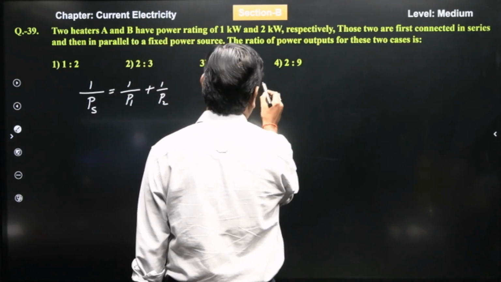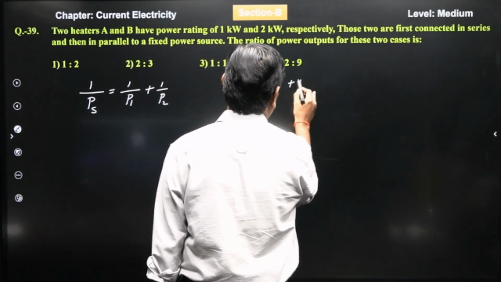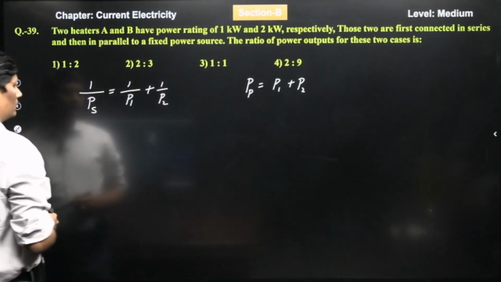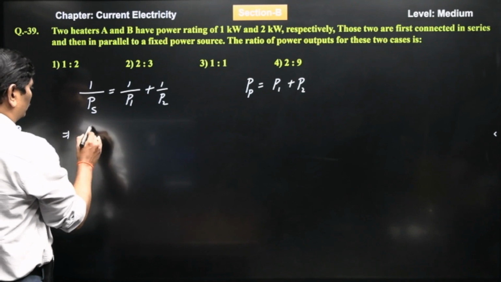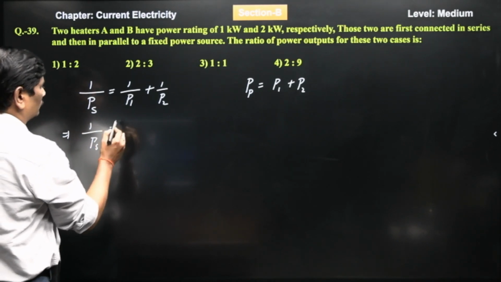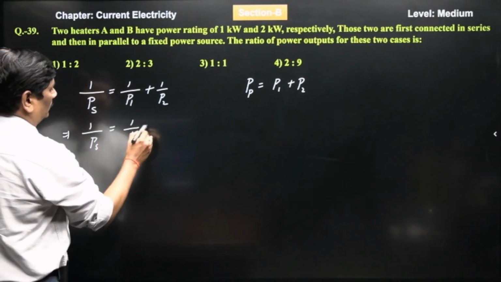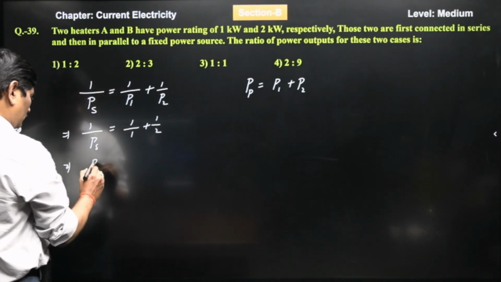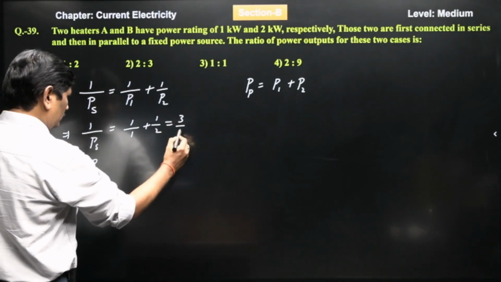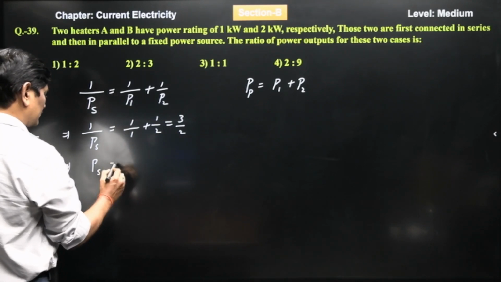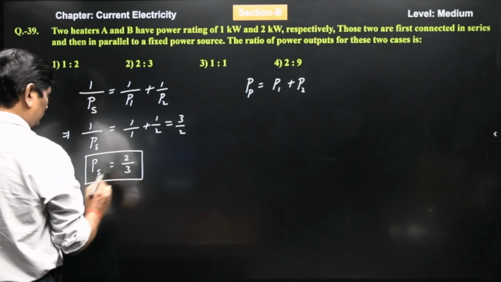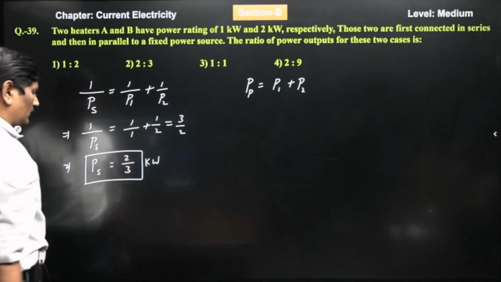In parallel combination, it is P1 plus P2, the effective power. There is a difference. Now, 1 by Ps with the two heaters, 1 by 1 plus 1 by 2, this will be 3 by 2. That means power in the series combination becomes 2 by 3 kilowatts.